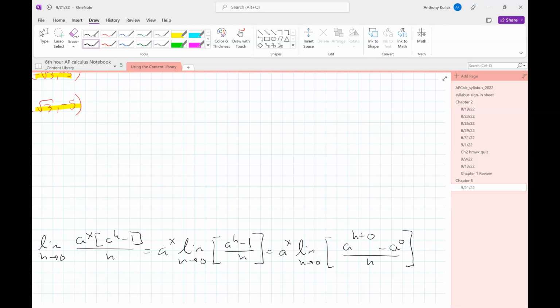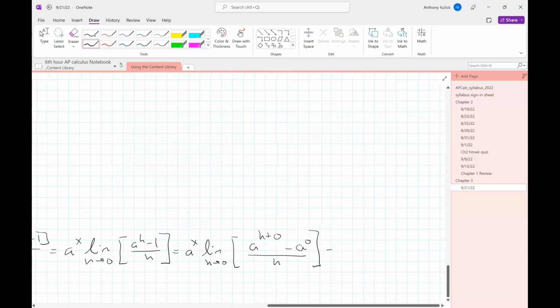What about that? Does that look familiar? That's a definition. What is that? It's not e. It's the derivative of our function at 0.